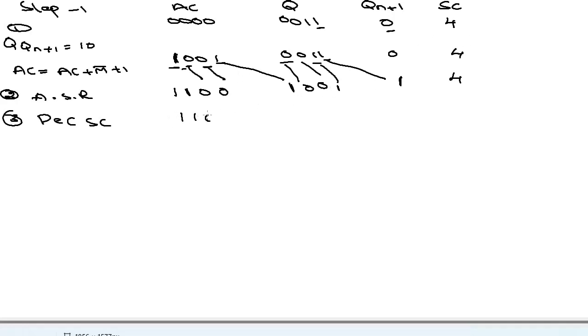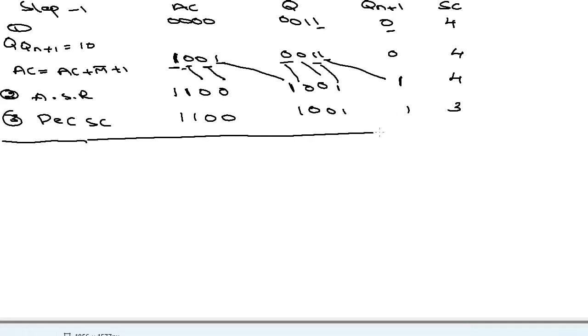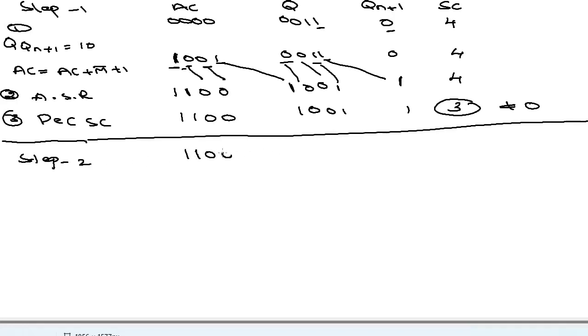Now we check the sequence counter value; if it is 0, stop the procedure. The sequence counter is not equal to 0, so again we go back to the comparison. In step 2, the initial values are 1100, 1001, 1, and the counter is 3.